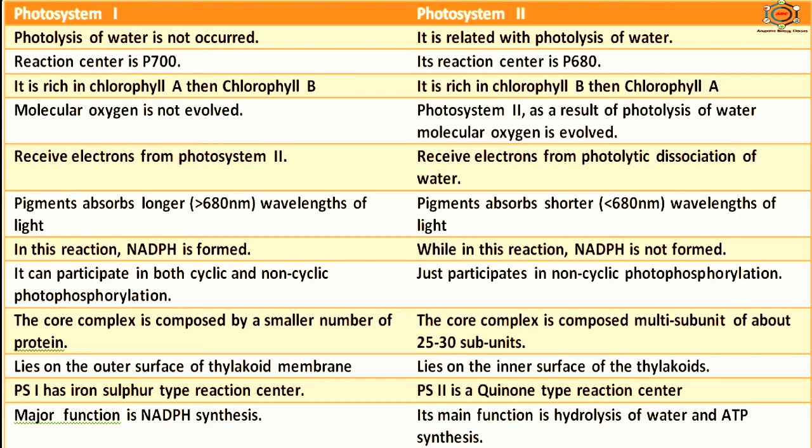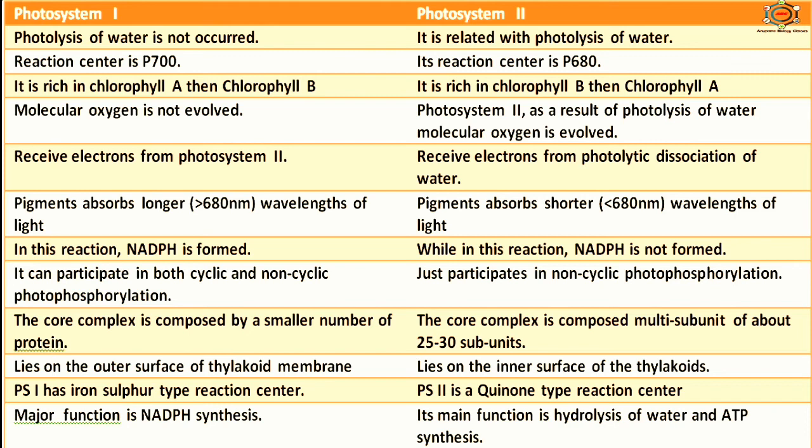Photosystem first receives electrons from photosystem second, while photosystem second receives electrons from the photolytic dissociation of water. In photosystem first, pigments absorb longer wavelengths of light, while in photosystem second, pigments absorb shorter wavelengths of light. In photosystem first, NADPH is formed, while in photosystem second, NADPH is not formed.